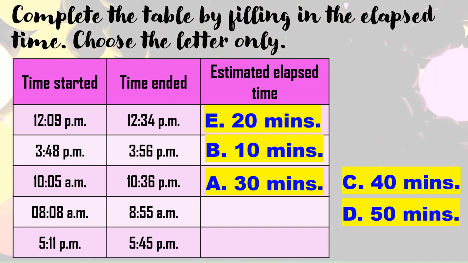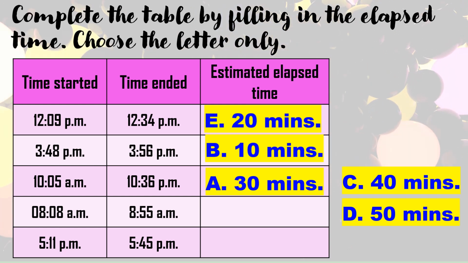For number 4, we have 8:08 becomes 8:10 and 8:50 becomes 9 o'clock. We cannot subtract o'clock because this is 0. So proceed from 60 minutes. 60 minutes minus 10 is how many?